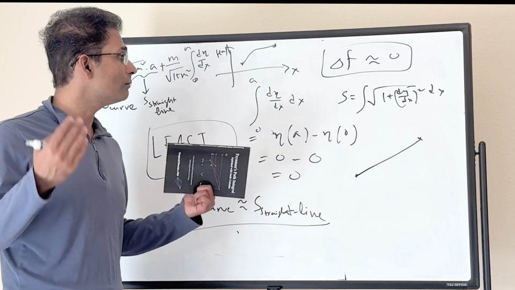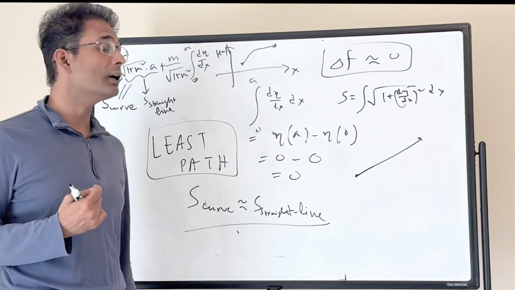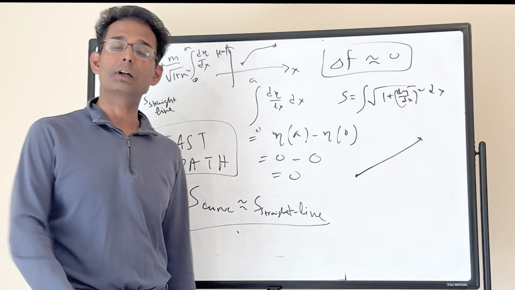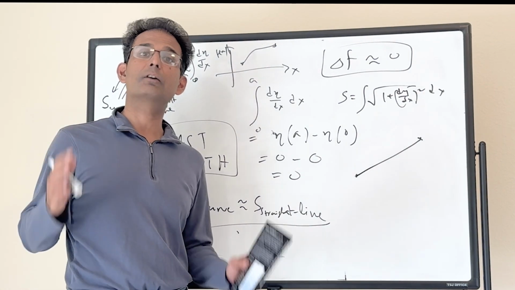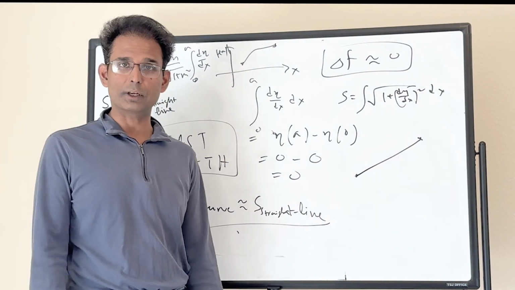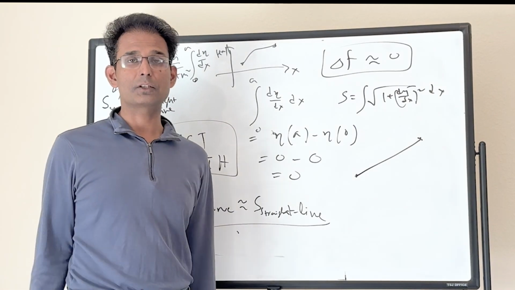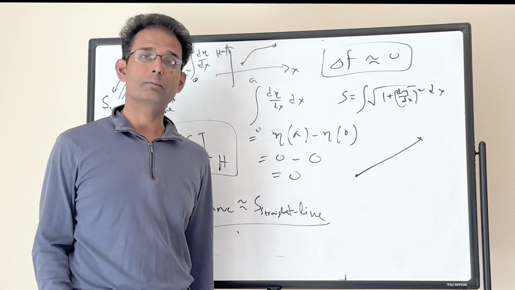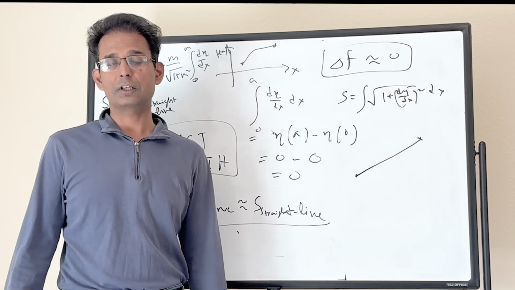But you'll encounter different functionals for which you'll have other types of least paths, not necessarily the one which has the shortest distance between 2 points, because distance is not the right functional there. You're trying to minimize some functional which is different from the distance functional.